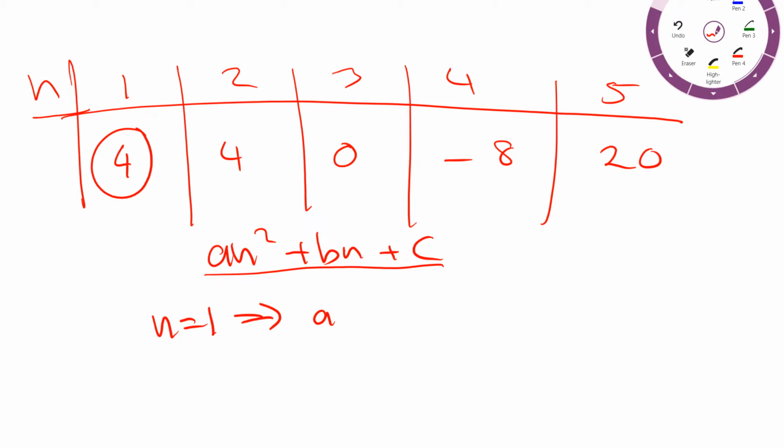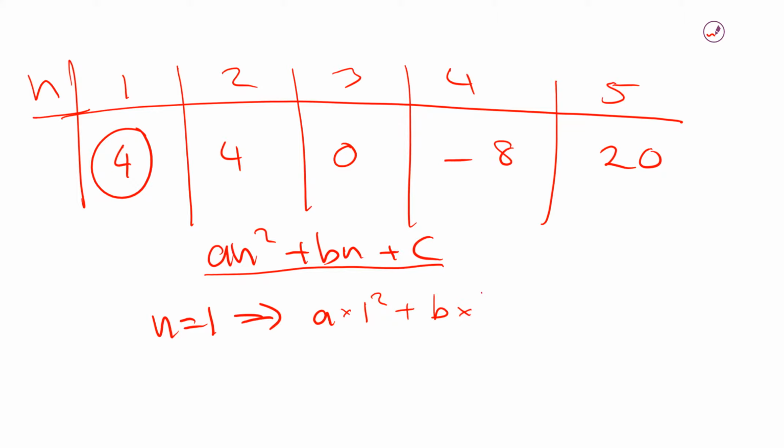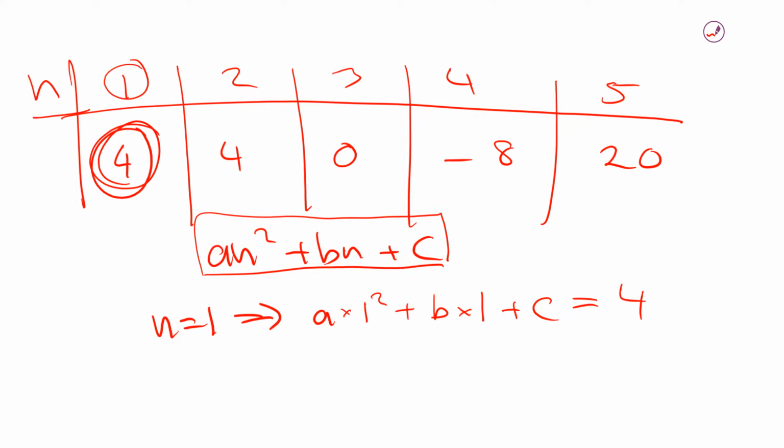So if n is 1, we're going to start using our formula here: a times 1 squared plus b times 1 plus c is equal to 4. And where do we get 4 from? When n is 1, your formula, this an squared plus bn plus c, that is your nth term. That is the formula that gives you any number in the pattern, and that formula will give you 4.